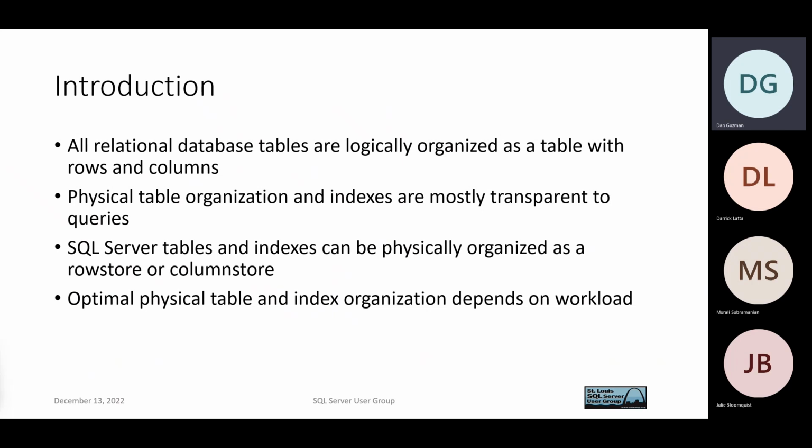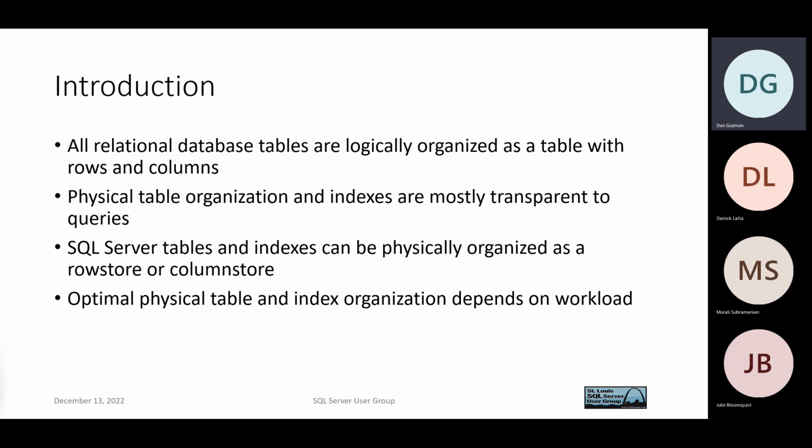It's really all behind the scenes. The physical table organization, even though it's transparent, does give you some control and benefits to use column store indexes compared to the traditional B-tree row store indexes.